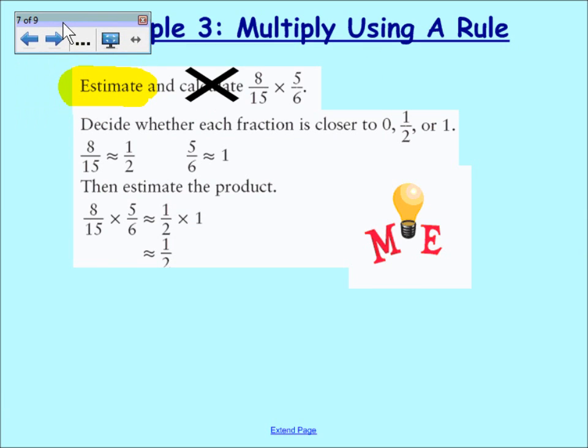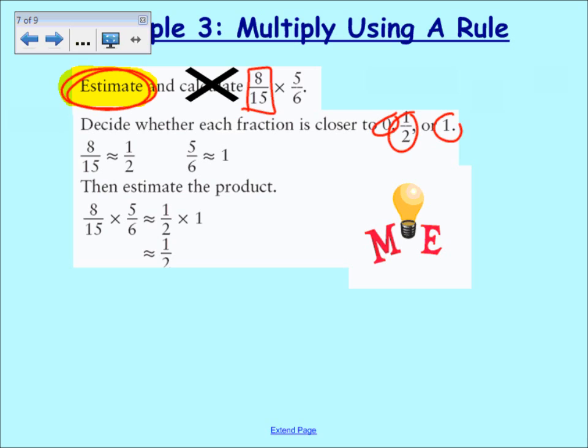Example 3 is multiply using a rule. So we're going to start by estimating 8 over 15 times 5 over 6. We don't want the exact answer here. We want to estimate the answer. When we see 8 over 15, we can say that that's closer to a half than it is to 1 or 0.